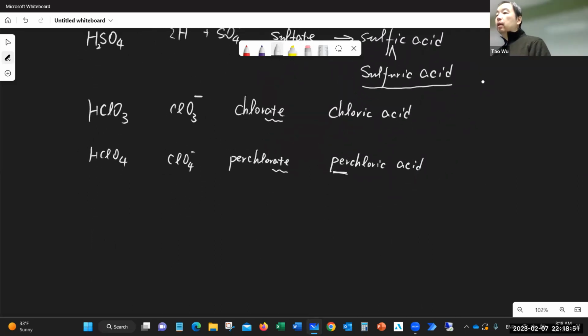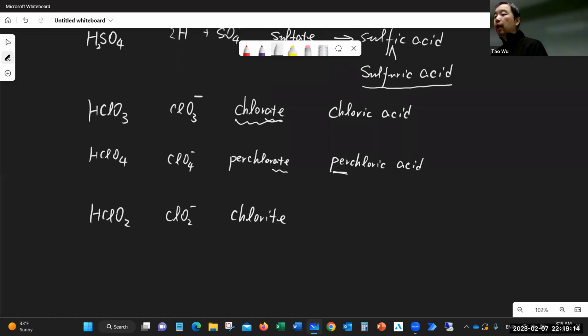But the polyatomic ion sometimes ends with ATE, and sometimes with ITE. For example, HClO2. This one is ClO2 minus, called chlorite. The ending is ITE, not ATE. And HClO, where ClO minus is called hypochlorite.